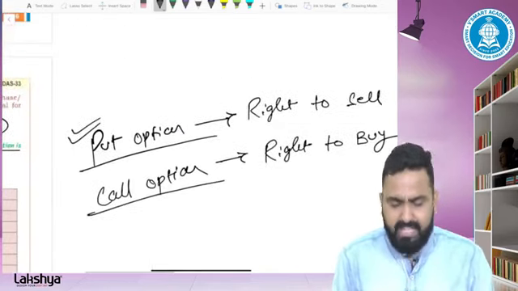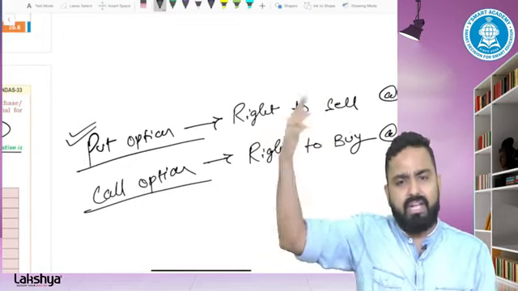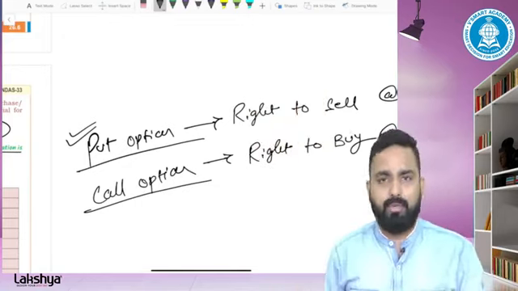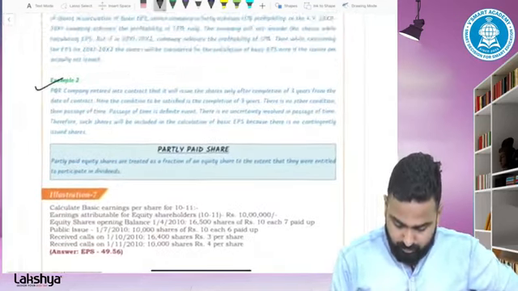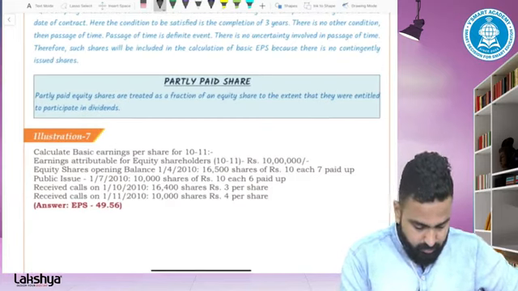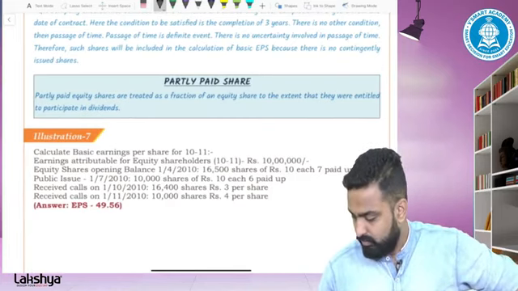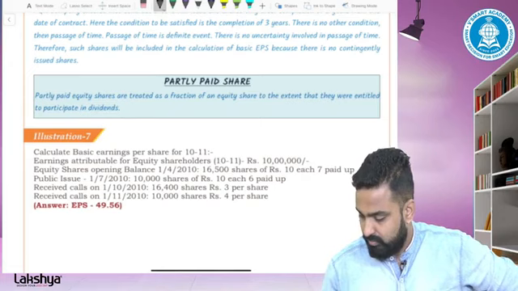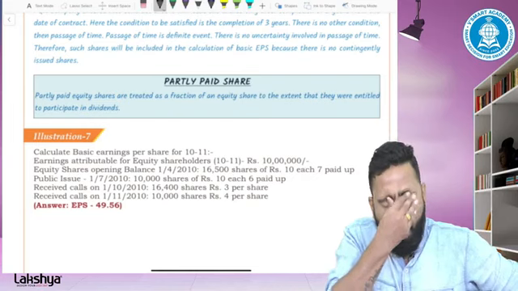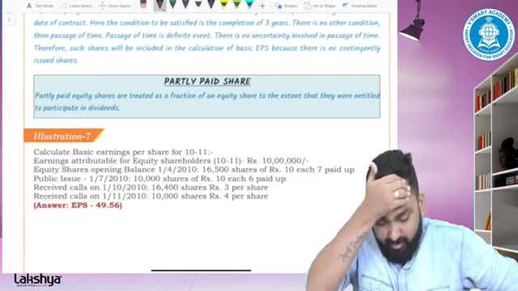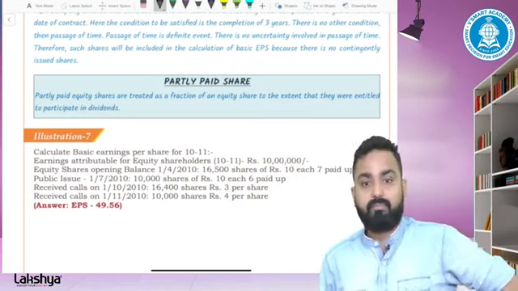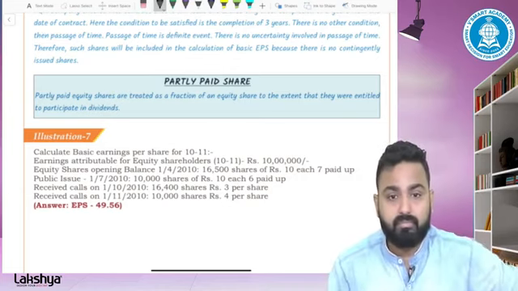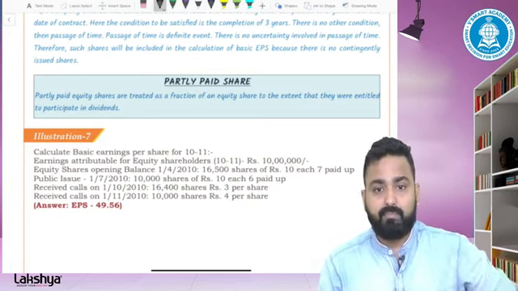So in SFM, definitely you will read in future, and you will understand about put option and call option. Okay. Haven't started. Okay.